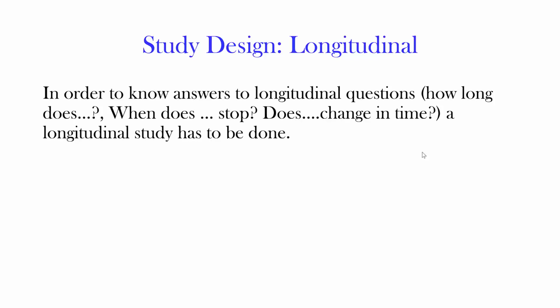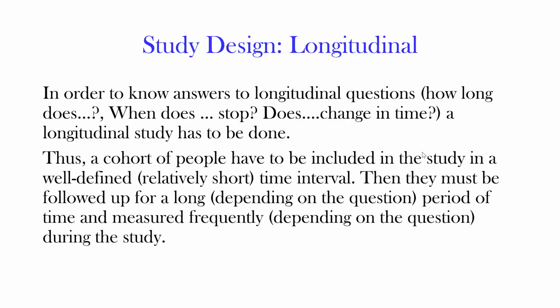How long does something last? When does it stop? How does it change in time? You cannot really answer these longitudinal questions with a cross-sectional study. You have to have a cohort of people. You have to get a representative sample, you would hope. This is where sampling, which I've not talked about, becomes extremely important in this kind of study.